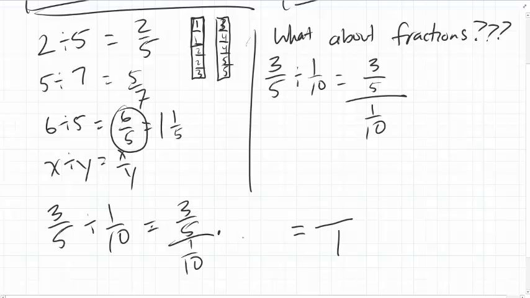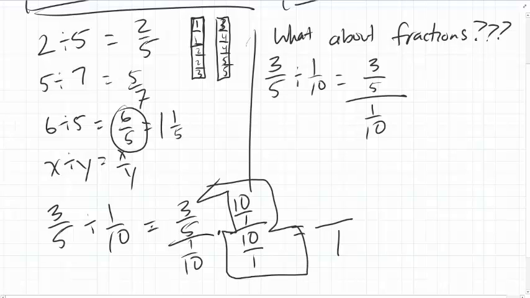So we know that 1/10 times 10 over 1, or just 10, equals 1. That 10 over 1 is the reciprocal of 1/10. So if we consider that we can multiply the top by 10 first, that's the supergiant one. Basically, we're multiplying the denominator in this case by its reciprocal to get 1.